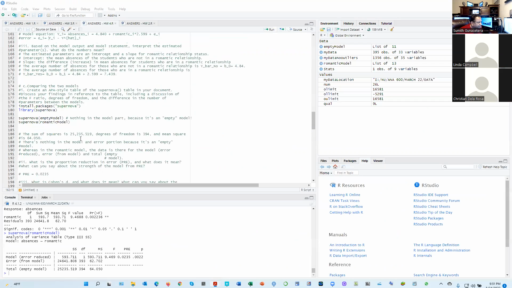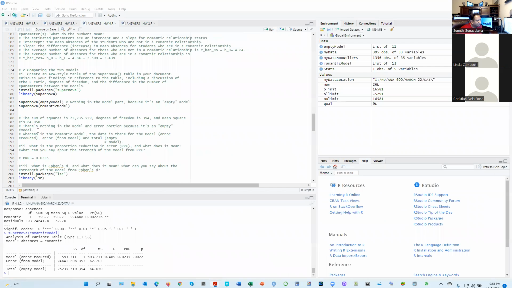So you can explain the same. The sum of squares is this one, degrees of freedom this one, and mean square this one. There's nothing in the model and error proportion because it's an empty model, whereas in the romantic model the data is there for the model, error reduced by total from the empty model.